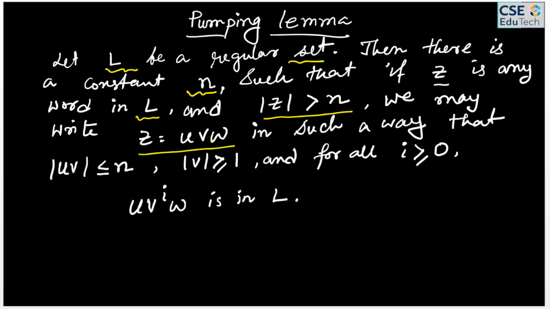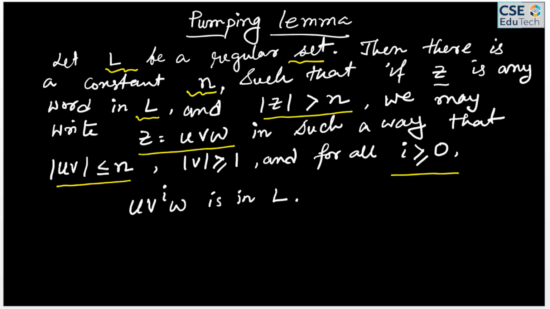That means we may partition this string into three parts, u, v and w, in such a way that together the length of uv is less than or equal to the constant n, and alone the length of v is greater than 0, or greater than or equal to 1, and for any integer i greater than or equal to 0, uv^i w is in the language.